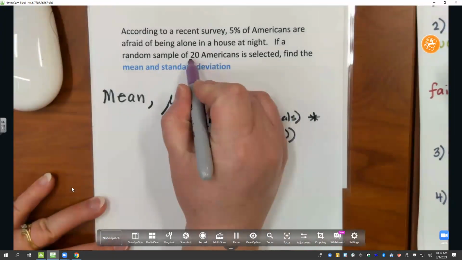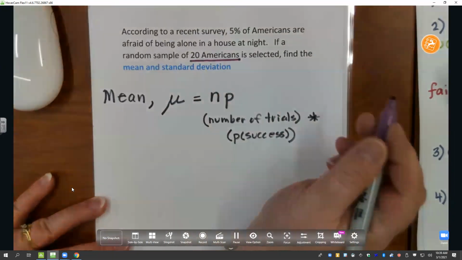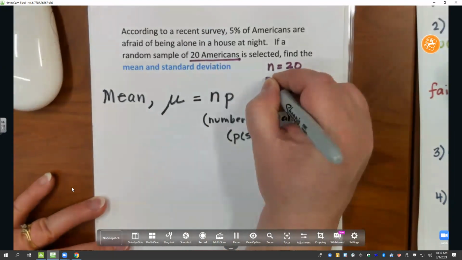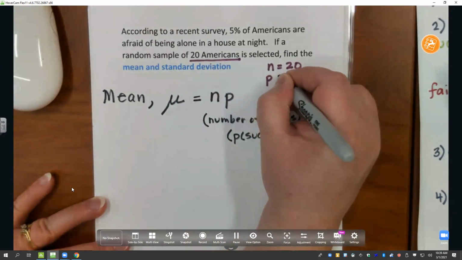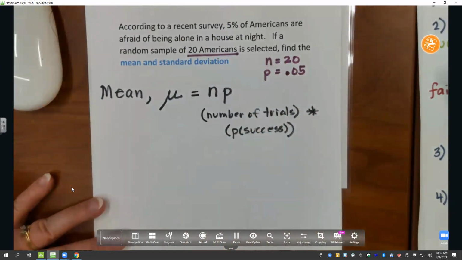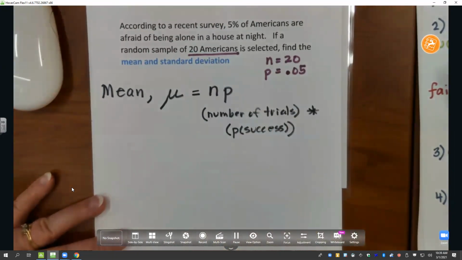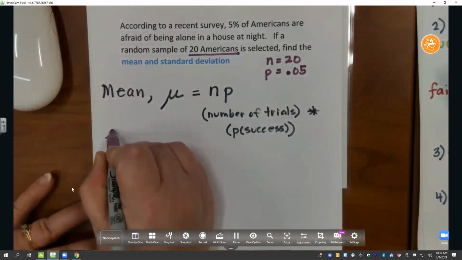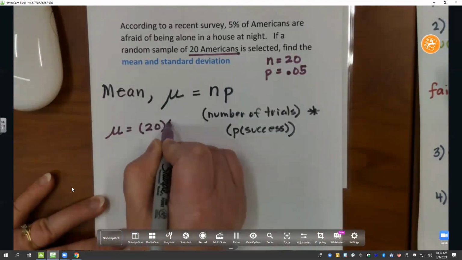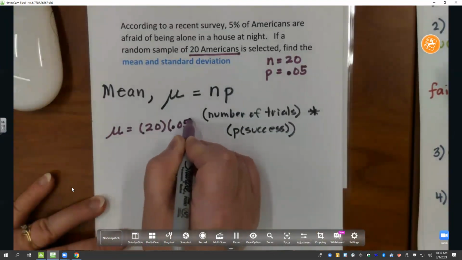So we already decided that our n was 20 and that our probability of success was 0.05. Guys, don't make this difficult. It's simply a formula and you're going to plug and chug. So I would have the mean is 20 times 0.05.